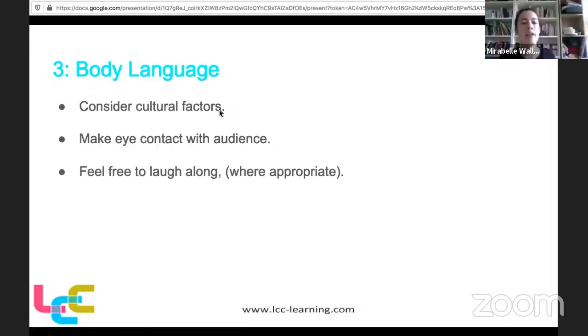And feel free to laugh along to your speech, and you can chuckle where appropriate, and that can add a nice relaxed tone to it and ease tension. Although I would be careful to avoid nervous laughter, though, because that makes you then come across a bit anxious and not confident about what you're saying. Okay? So that's body language.